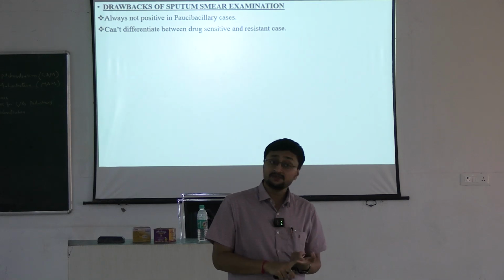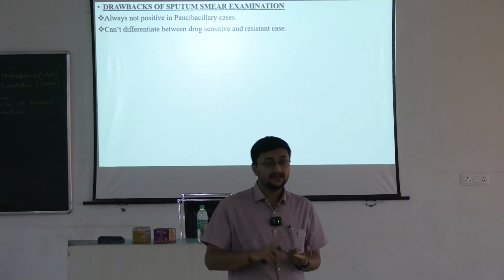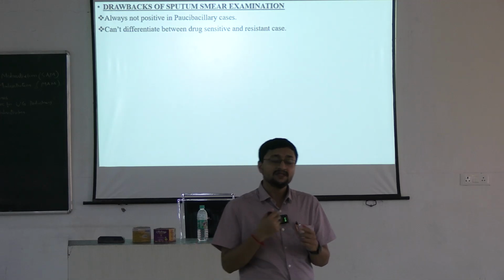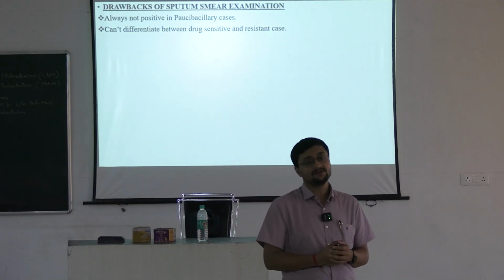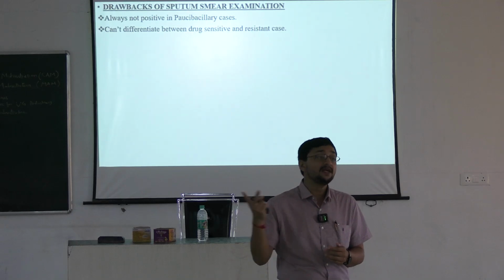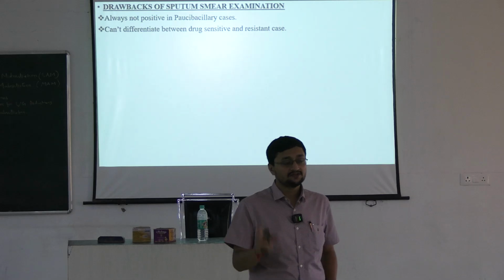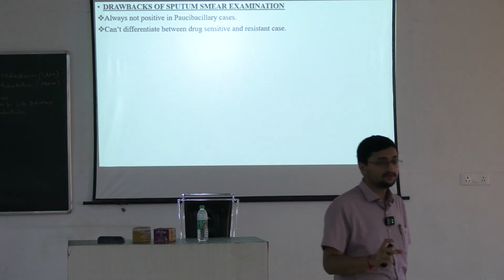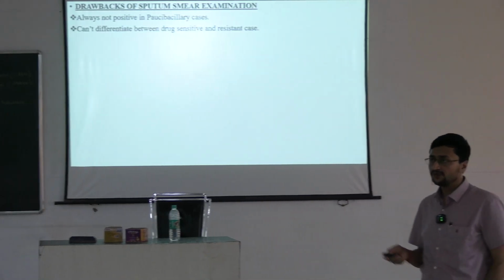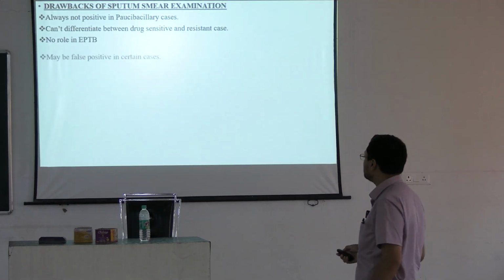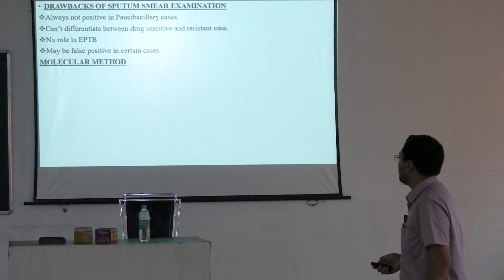So the sputum smear is positive and CBNAAT is negative. That means maybe you are dealing with a case of non-tuberculous mycobacteria, NTM. Sputum positivity with CBNAAT negativity simultaneously is generally a case of NTM. So it is not specific or sensitive, and definitely there is no role in EPTB.